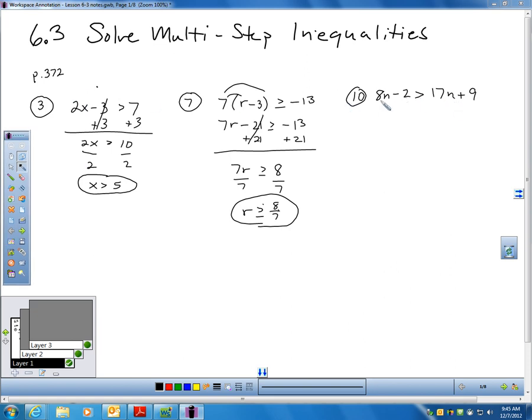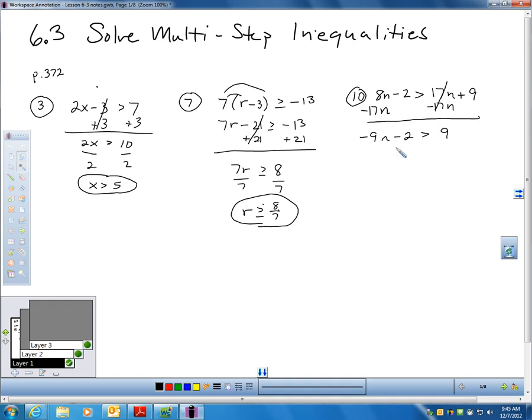All right, so remember, always try to simplify each side. I can't, but next thing, remember from chapter 3, if I have variables on each side, I don't want that. So I'm going to take away 17n from each side. I like having my variables on the left. It's just a personal preference, but that's how I like it. So I'm going to have 9 on the right, and I have negative 9n minus 2 on the left.